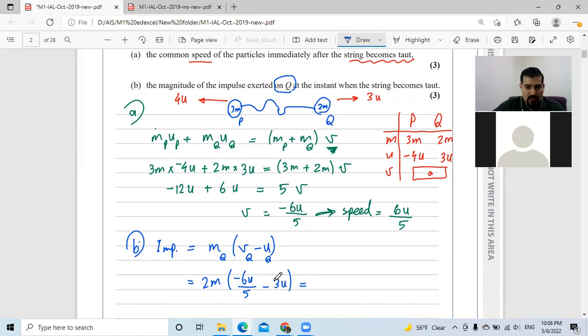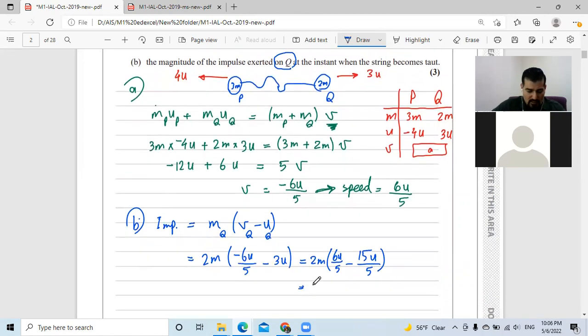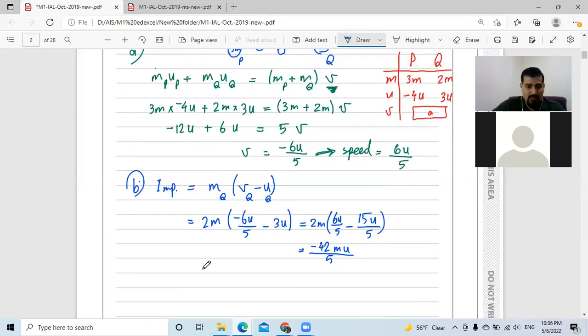By using the calculator, this is 15u over 5 minus 6u over 5, all of this multiplied by 2m, and the final answer will be negative 42mu divided by 5. Since they ask about the magnitude of the impulse, I will not put the negative sign: it's 42mu divided by 5.